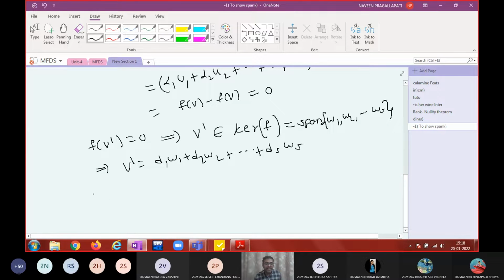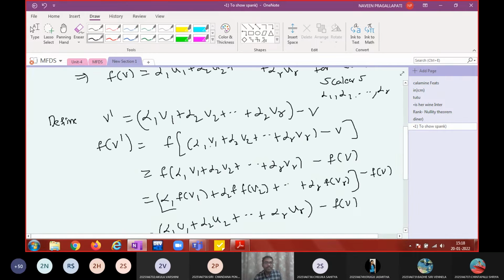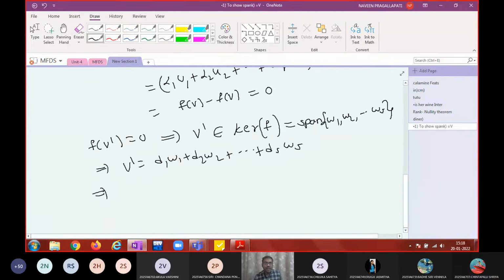But what is v dash? v dash is nothing but this expression. So v dash means alpha 1 v1 plus alpha 2 v2 and so on plus alpha r vr minus v is equal to d1 w1 plus d2 w2 plus and so on plus ds ws.